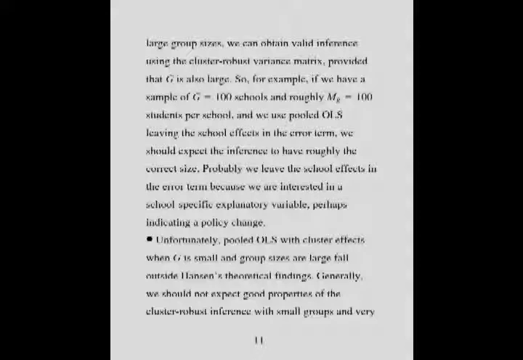So, if you had 100 schools and 100 students per school, you might say, well, can I really appeal to this theory that is based on a large number of groups with small group sizes? His results say basically the answer is yes. And this is important because in these applications, you're often interested in the effects of school-level variables like spending per student or something like that.